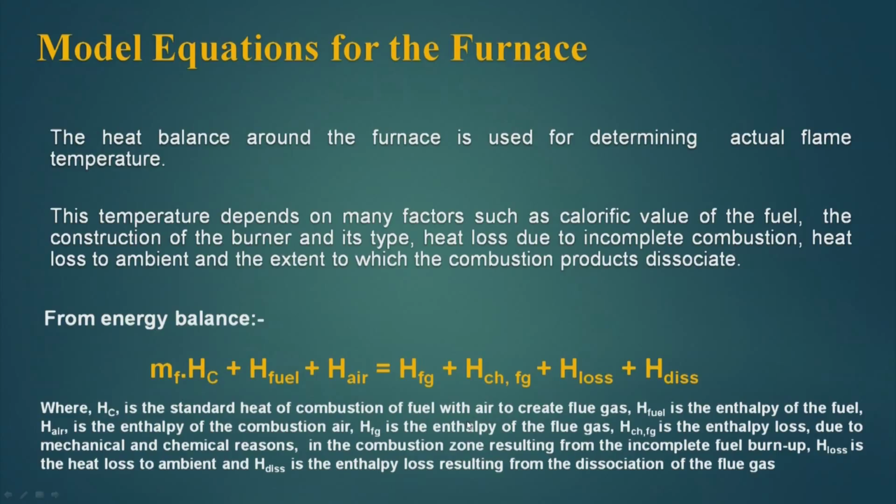H fuel is the enthalpy of the fuel, H air is the enthalpy of the air, H FG is the enthalpy of the flue gas, H CHFG is the enthalpy loss due to the mechanical and chemical regions in the combustion zone resulting from the incomplete fuel burn up. H loss is the heat loss to ambient, and H dissociation is the enthalpy loss resulting from the dissociation of the flue gas.